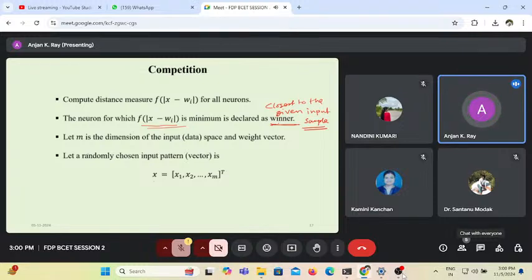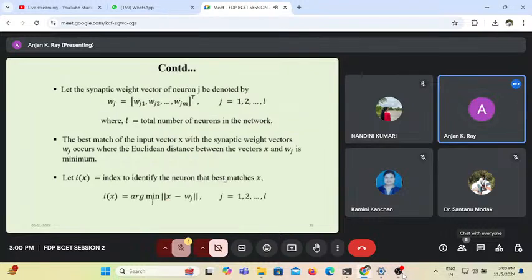So in mathematical terms, we express x as our input, and as we earlier said, x may have m number of input channels. So m number of weights should also be there in each neuron. Similarly, this synaptic weight vector for neuron j is denoted by this.